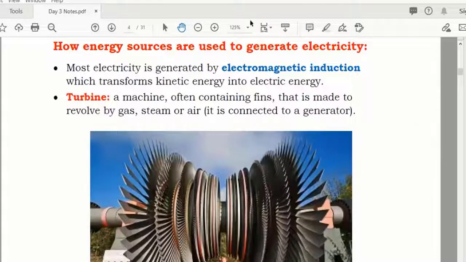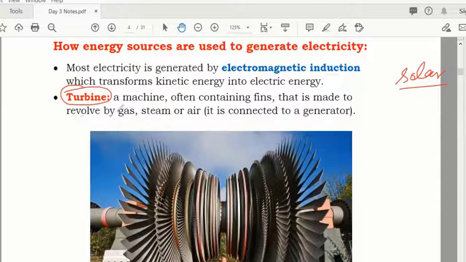Whatever method you use to produce electricity, except solar, you need a turbine and you need a generator.